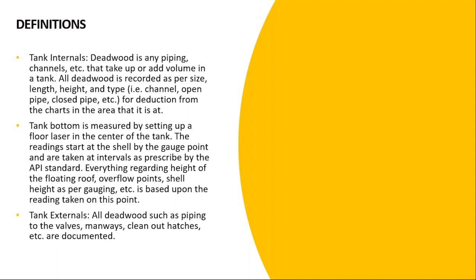And finally, the tank bottom is usually measured using either a setting of a laser station, total station in the floor of the tank, and then using that to estimate the volume of the bottom of the tank, which is below the rings of the tank.